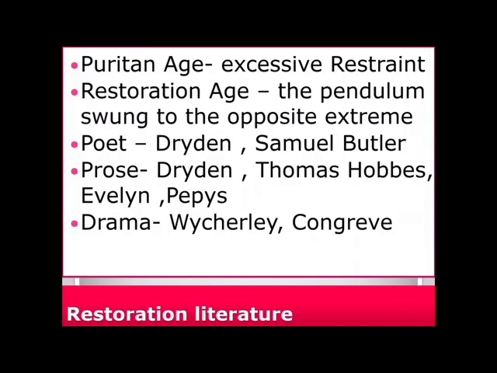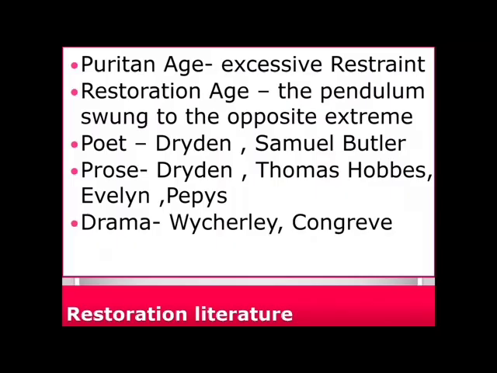Restoration literature. The Puritan age gave a lot of rules and regulations to entertainers. So the Puritan age was very excessive and restrictive to creative writers. But during the Restoration age, the pendulum swung to the opposite extreme.